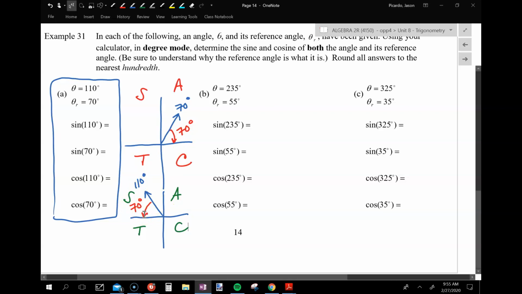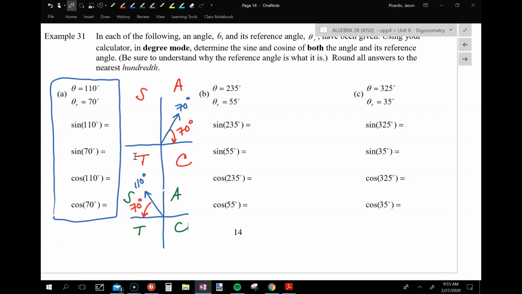It's still positive, which is why we got the same answer for both of these. In the first quadrant, what is cosine? Positive. In the second quadrant, what is cosine? Negative, which is why these two gave me the same answer, except one being positive and one being negative.